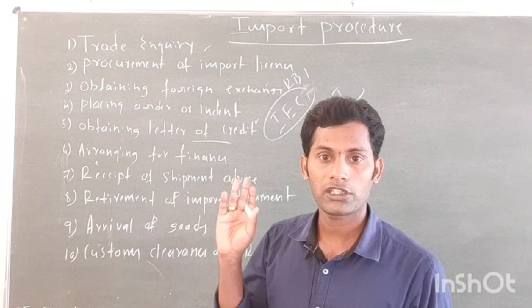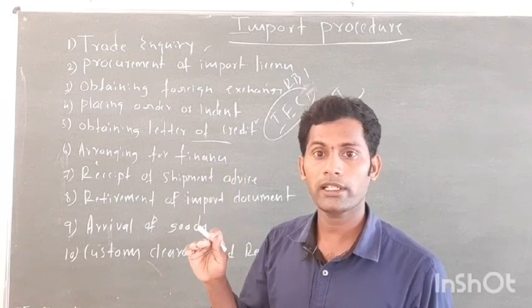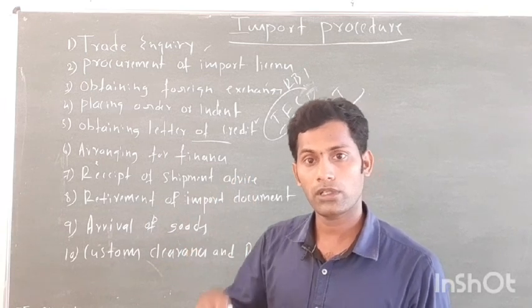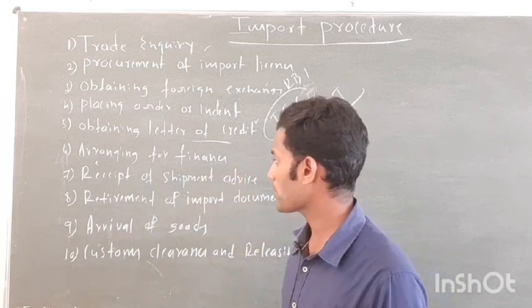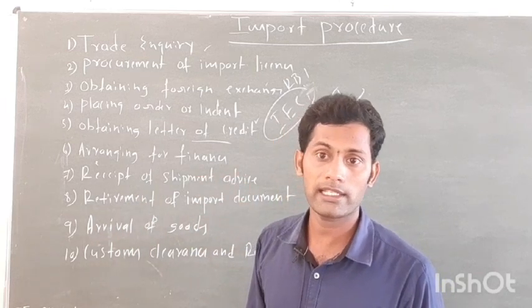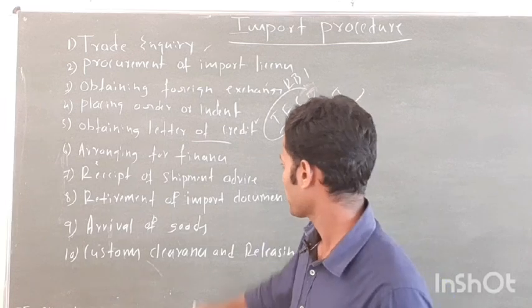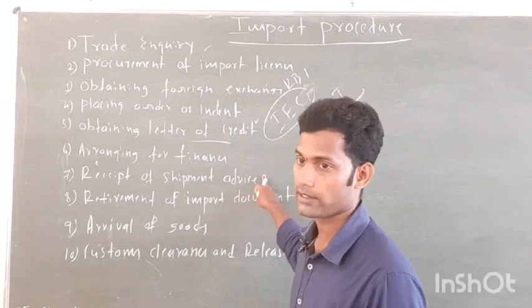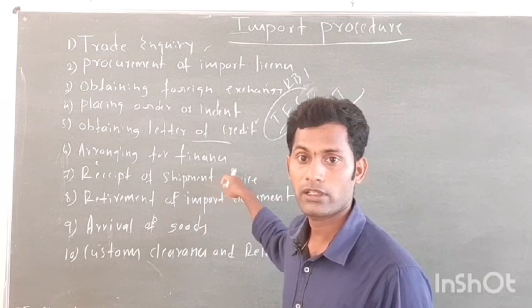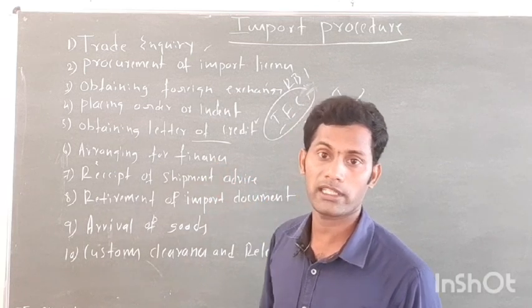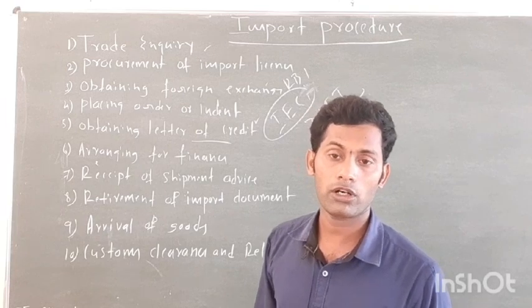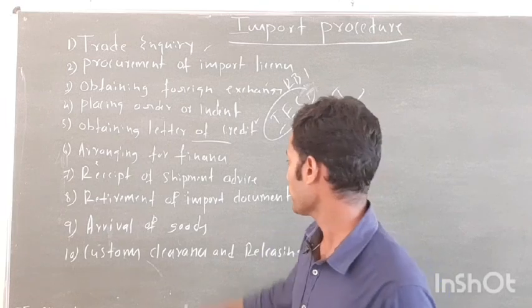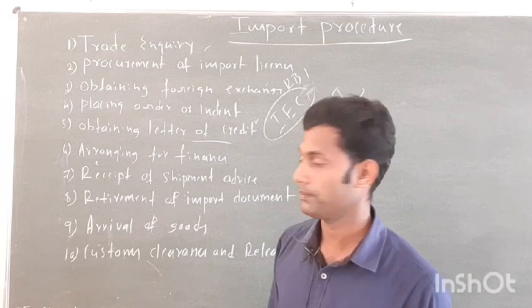After loading the product to the vessel or to the ship, the exporter sends one advice or information. That is what we call shipment advice. It contains details of the product, then exporter's name, then ship name, ship number, vessel's number. So, all that information is included in shipment advice, the seventh one.